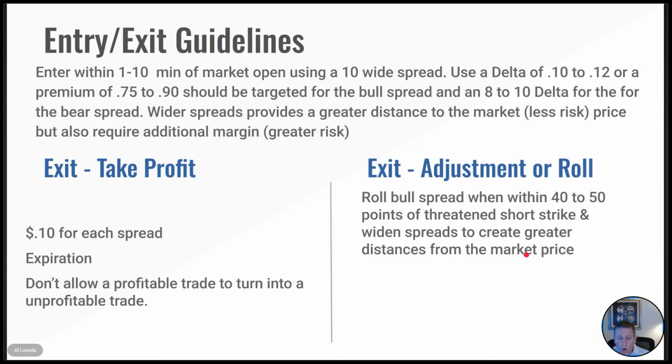I can either roll it for another 7 days or 5 days, depending on how the market is. So it's not a fast and perfect scenario, but in any case, if you have profit, take it and move on.